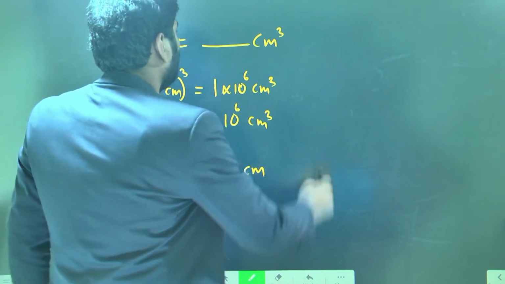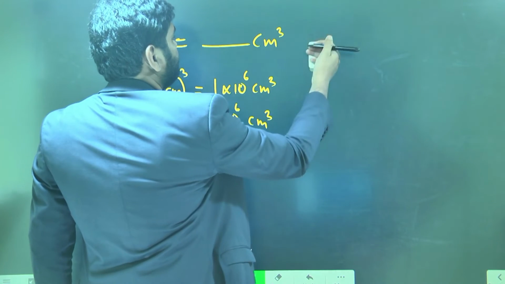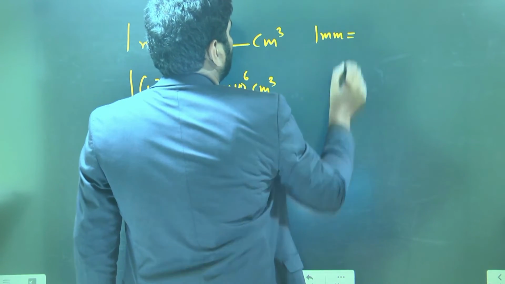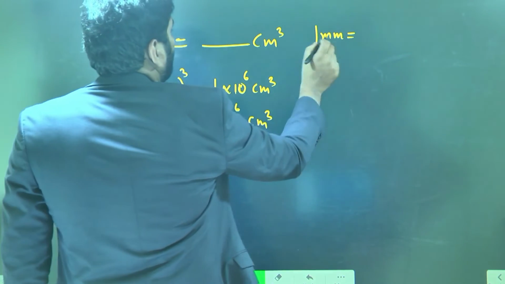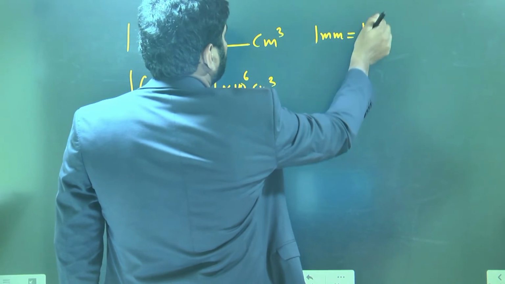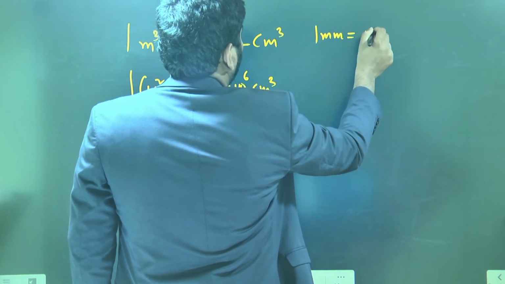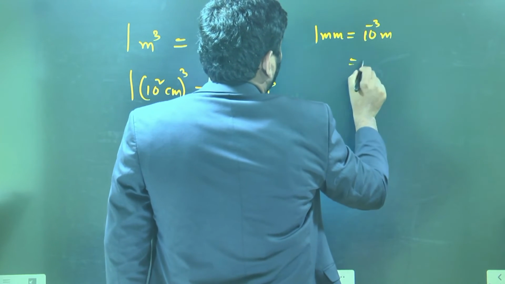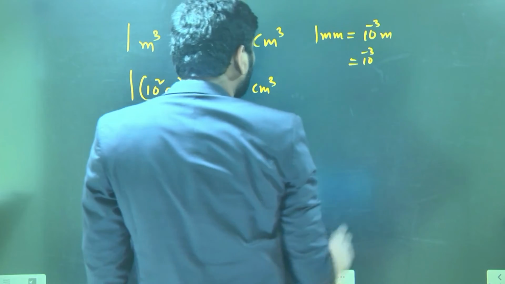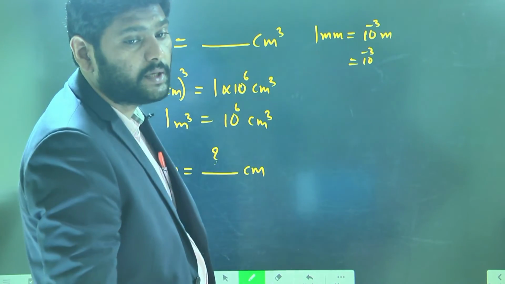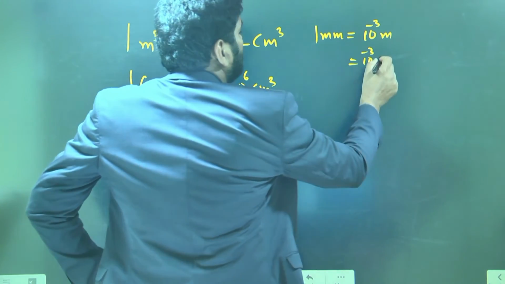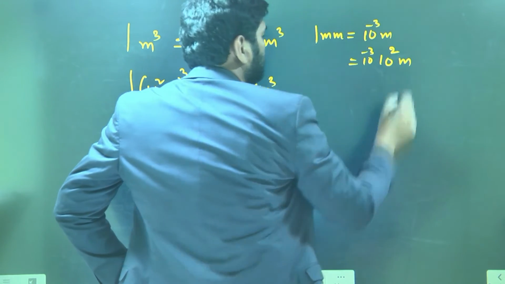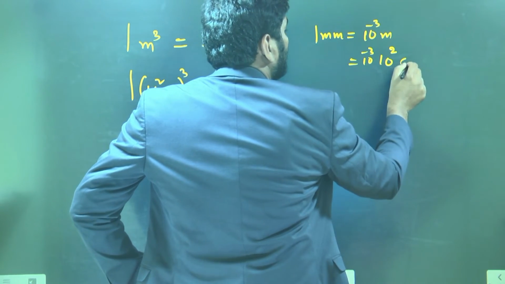You know milli means 10 power minus 3 meter, that is equal to 10 power minus 3. But meter is equal to how many centimeters? Meter is equal to 10 power 2 centimeter.